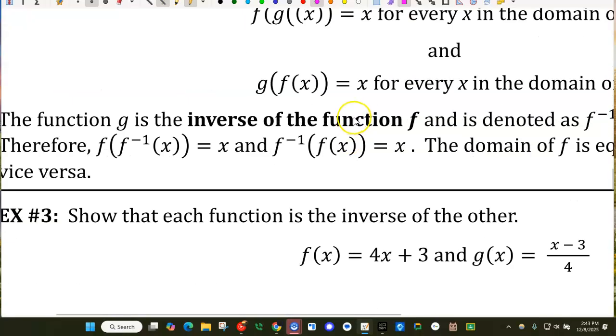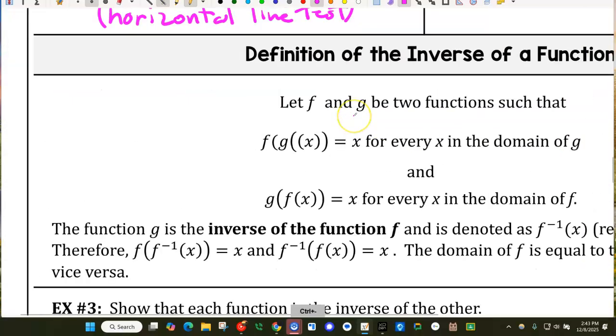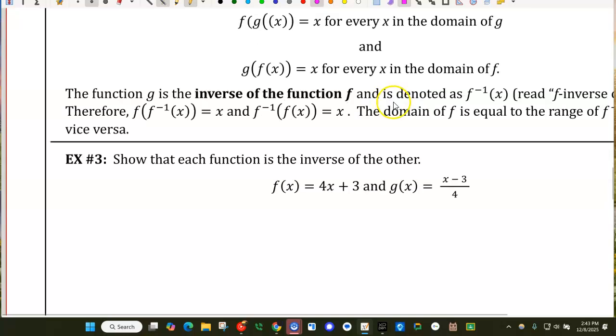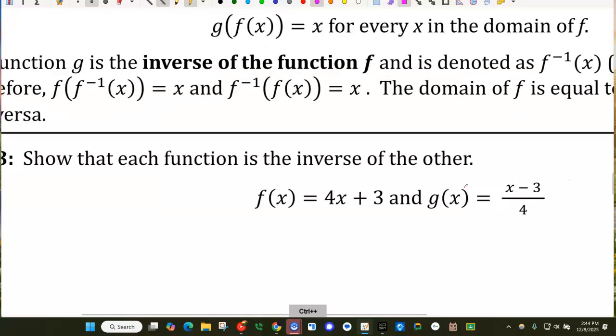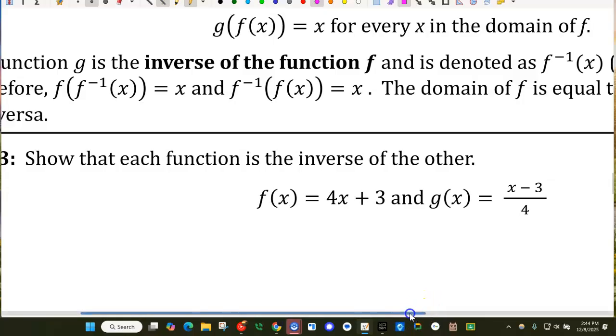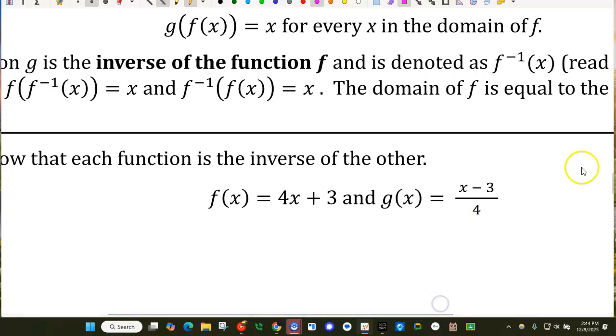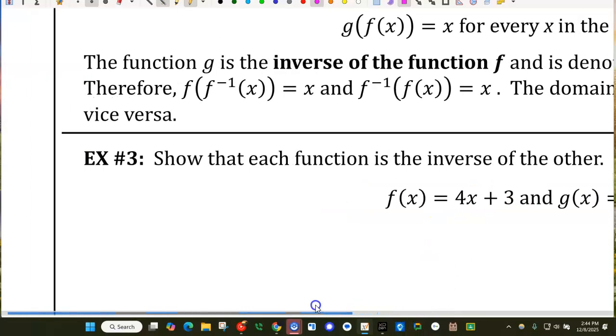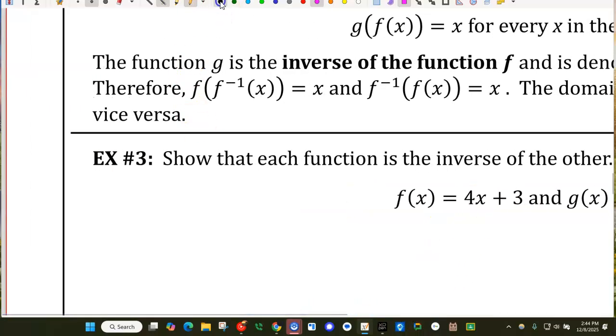Next is, what if you just have the functions? How do you tell their inverses without actually graphing them? So we did this a little bit last time. Let me show you, what if you're not given g of x? How would you find out what this is? If you're given a function and not its inverse, and you're asked to find the inverse, so if this said find f inverse of x, here's what you do.